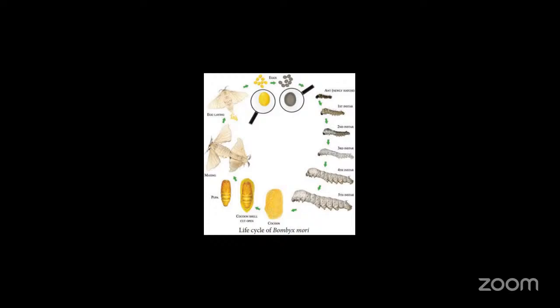Coming to tassar silk, it is produced by the tassar silkworm, that is Antheraea mylitta and Antheraea proylei, which feeds mainly on the leaves of asan, arjun, and oak plants. Arjun and oak are the important plants which the tassar silkworm feeds upon.